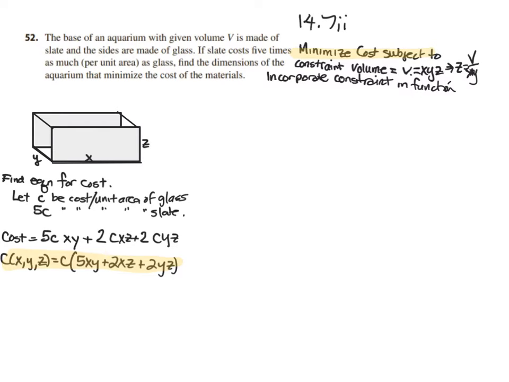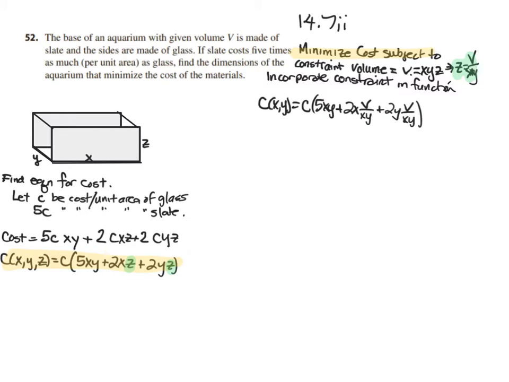So if I incorporate that here, then I'm going to get my cost function now as a function of x and y only, because we've incorporated the z. It is a constant times 5xy, plus 2xz, where z is V over xy, plus 2yz, where z is V over xy.